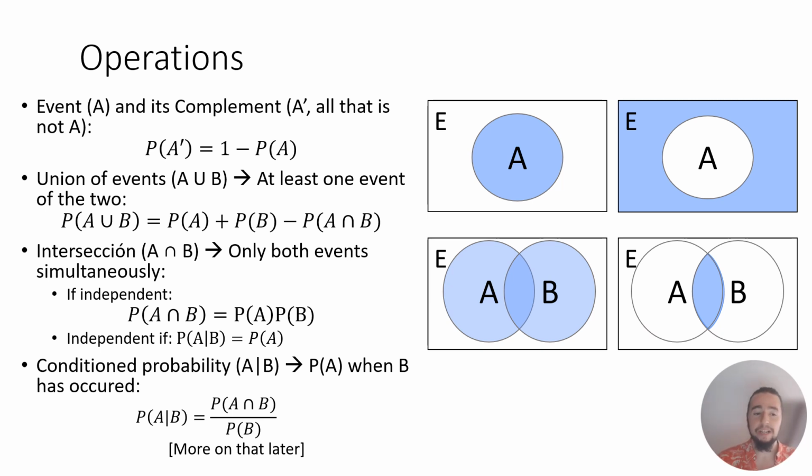For example, the probability of something and its complementary, that is everything that is not this event. We can also calculate the union of events, that is the probability of something or another thing happening, and this can also be easily calculated. We can also calculate the intersection of things, that is the probability of two or more things happening at the same time, and also conditional probability, that is the probability of something knowing that another thing has already occurred, which we will elaborate on later.